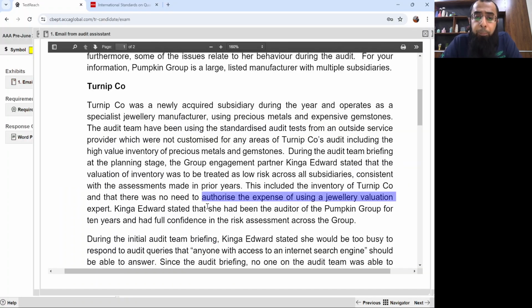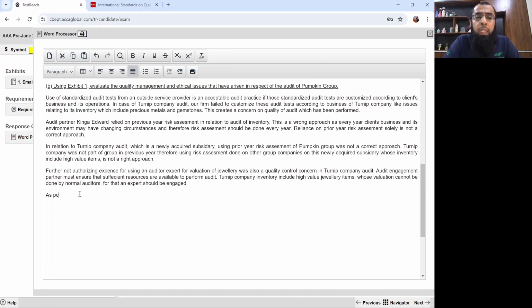Okay, then Kinga Edwards stated that she has been the auditor of the Pumpkin Group for 10 years. How is it possible? Pumpkin Group is a listed entity. After 7 years, the audit partner must have been changed. Okay? As per Kinga Edward, she has been audit engagement partner of Pumpkin Group for 10 years.